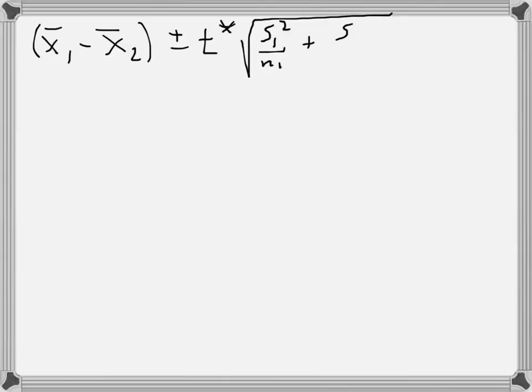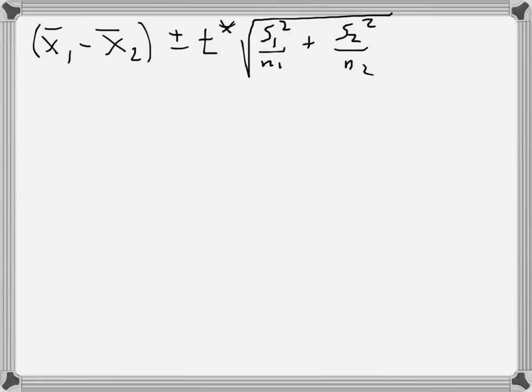No, sorry, my cat just jumped on my book like usual. Well, it's the difference of the two means, plus or minus t star, and I'm going to get to t star in a second, times our standard error. Our standard error is s sub 1 squared over n1 plus s sub 2 squared over n2.